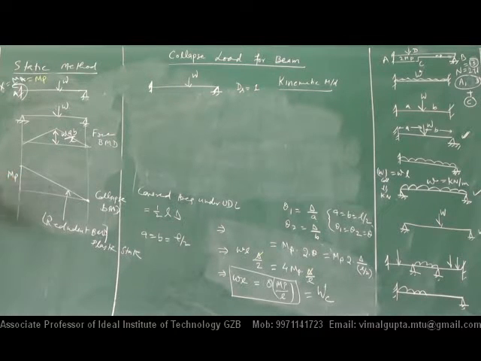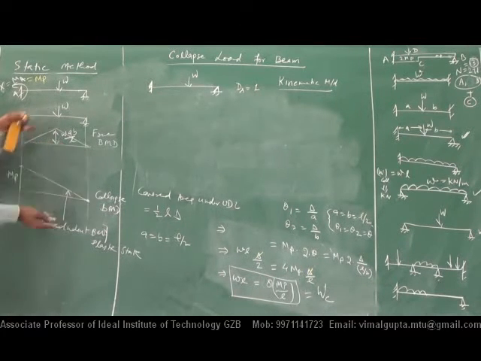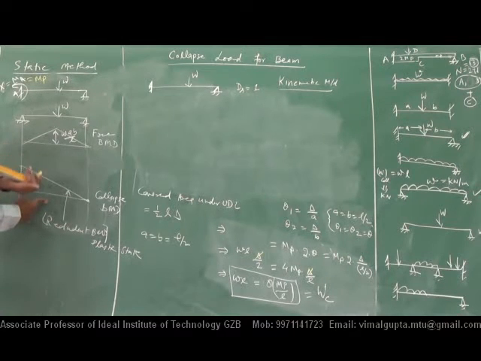Okay. And what will be the collapse? Superpose the free BMD and the redundant BMD. So after superposing, what I will get? This. Okay, that will be the required. So that is the minus, this is plus.